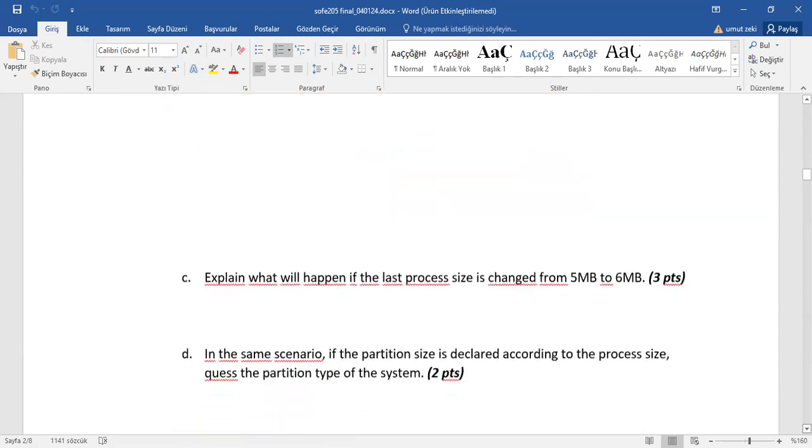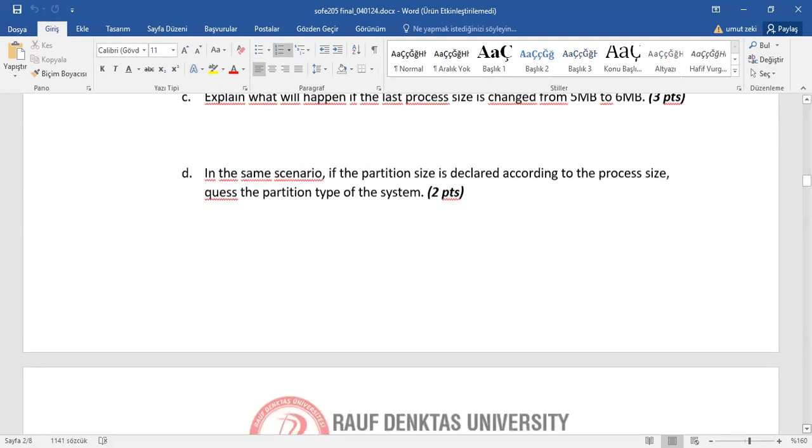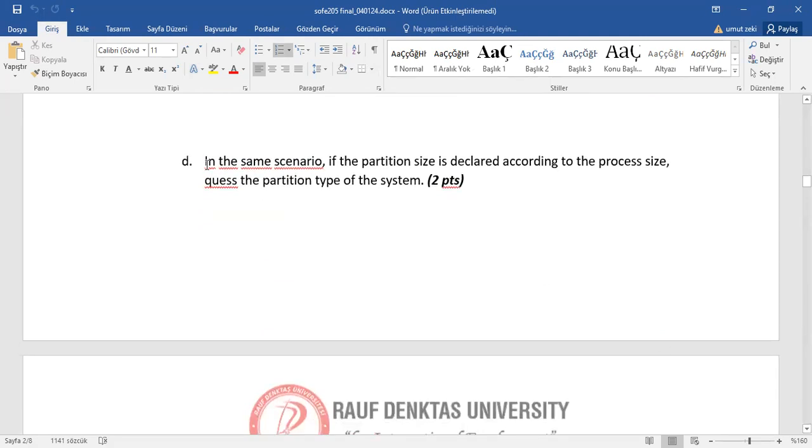But look, in the fourth question, part D, in the same scenario, if the partition size is declared according to the process size, guess the partition type of the system. This is dynamic partition because the operating system creates a partition only when a process comes.